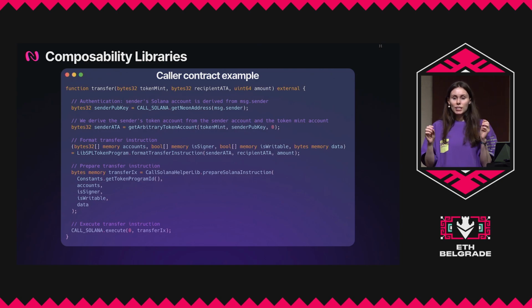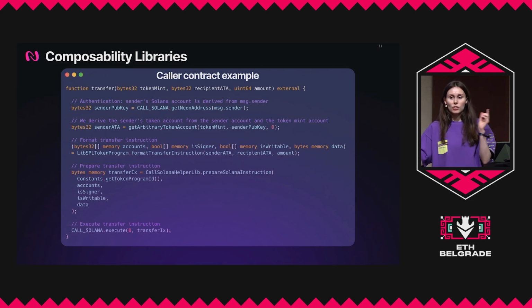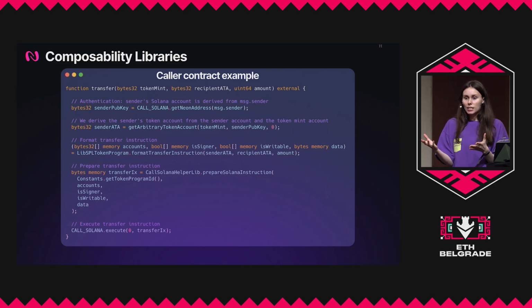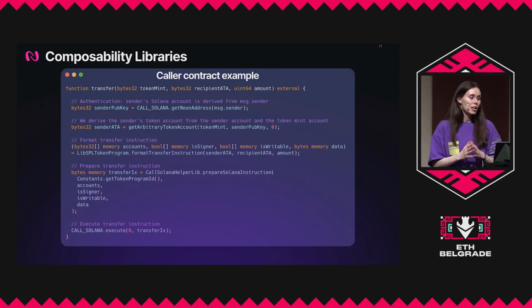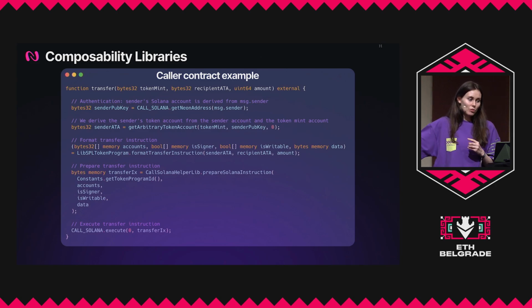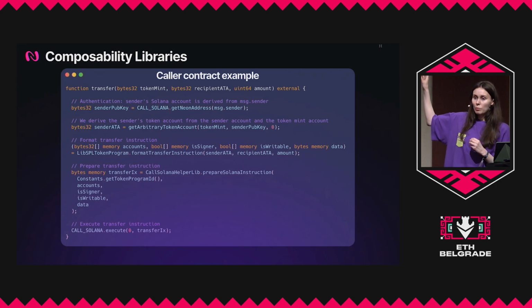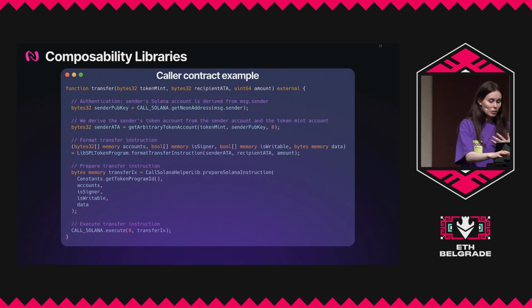Then you derive the sender's token account from the sender account and the token mint account. So everything is an account, even tokens. That's why we need to derive this many accounts. Then you format instructions with the sender, recipient, and amount. Then you build the instruction, prepare and build, and execute with the call to iCall Solana precompile.